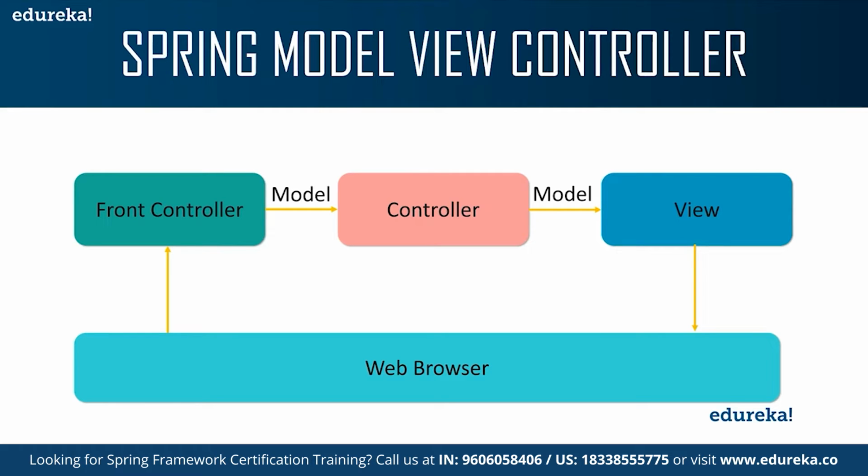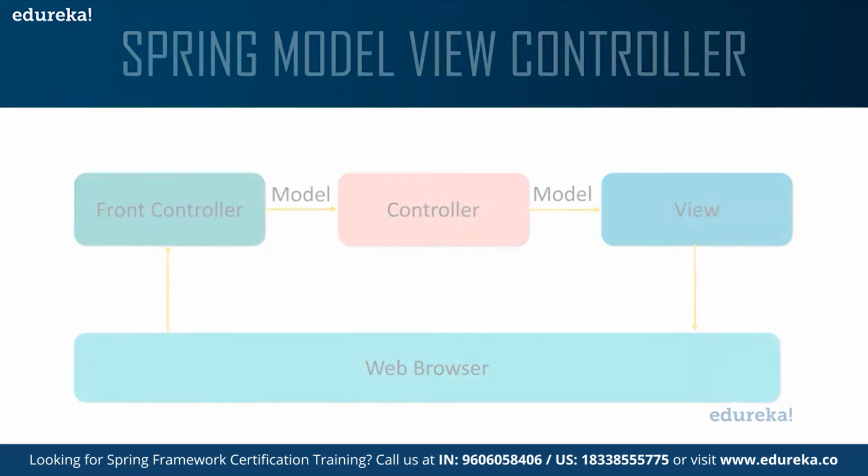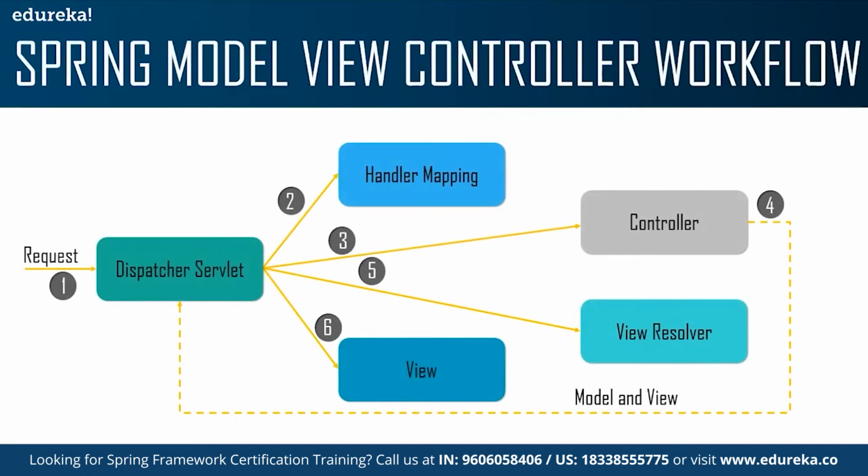So now let's see how internally Spring integrates with the Model View and Controller approach. So you can see first, when a request is sent to the dispatcher servlet, the request is also sent from dispatcher servlet to handler mapping, to controller, to view resolver, and to view. So when a request is sent to a dispatcher servlet, the request is sent to handler mapping and a controller.